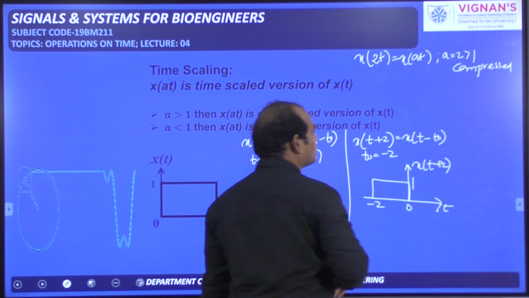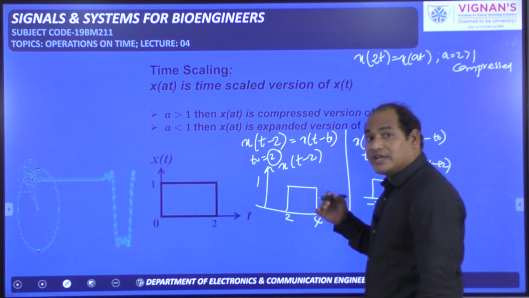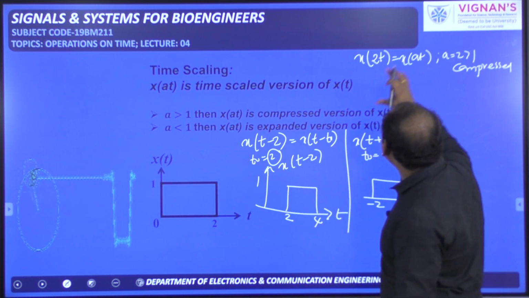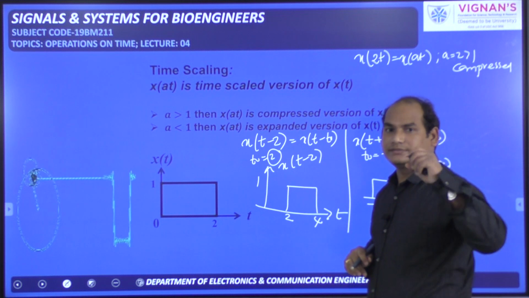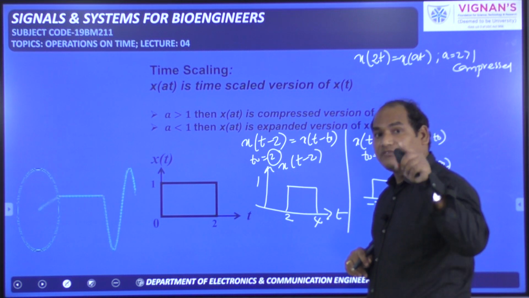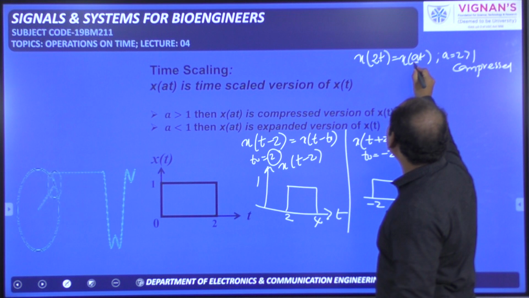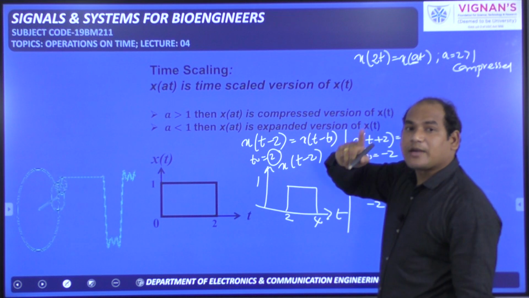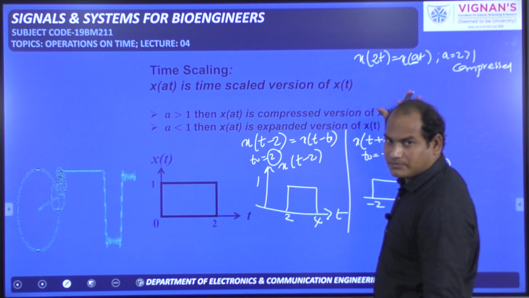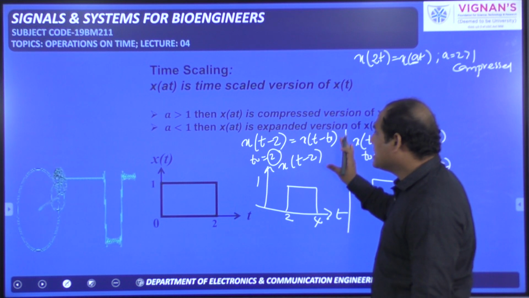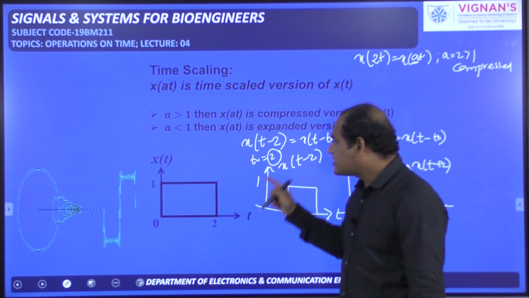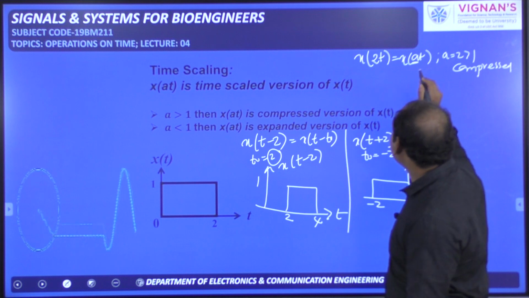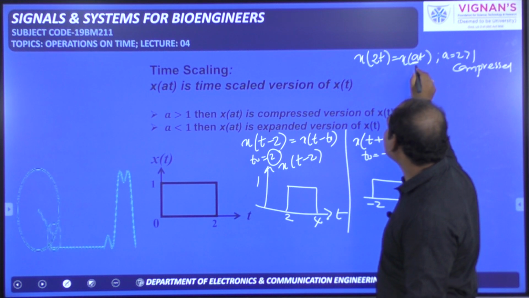Now in case of time shifting we have added the t naught. In case of time scaling we have to divide the time axis with the scale factor a. Remember that. In case of time shifting we added t naught to the time axis; in case of time scaling we divide the time axis with a.